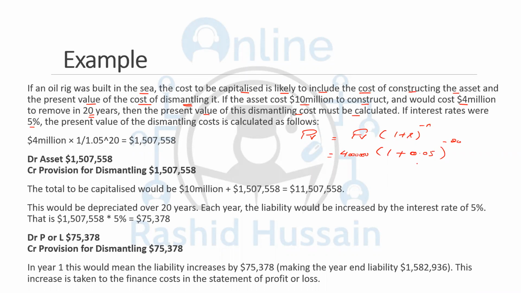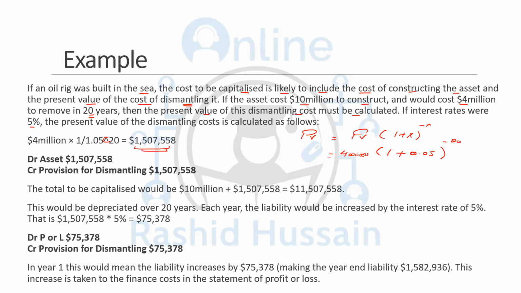As the maths rules state, first of all you need to solve the brackets. 1 plus 0.05. If you have calculators, you can just check it. 1 plus 0.05, then press equal to. Then go to the above keys, you will find the exponent key over there. Press this and then minus 20. So the present value of 40 lakh, 4 million, is 15,07,558.